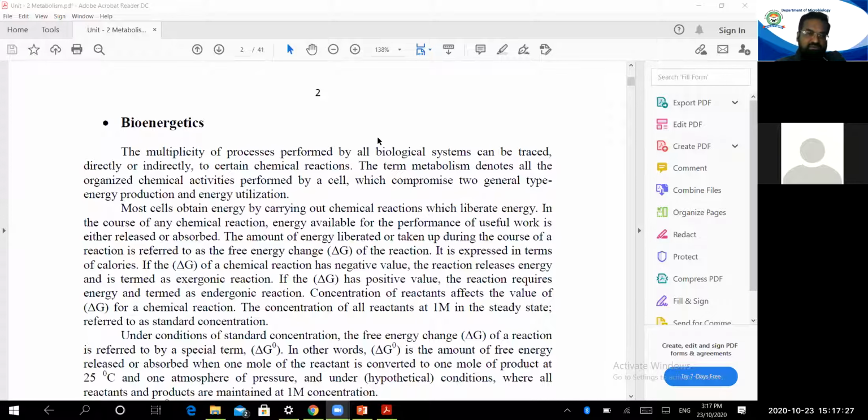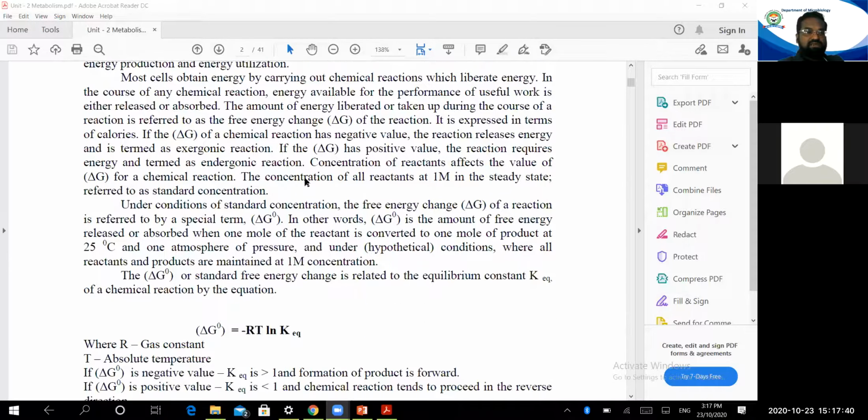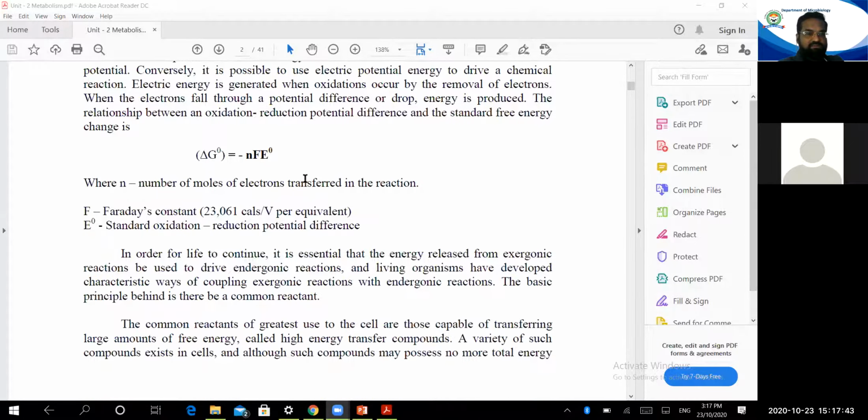And the first and foremost requirement for sustenance or survival would be availability of energy so that the cell is capable to provide for the energy required for carrying out the biochemical reactions.